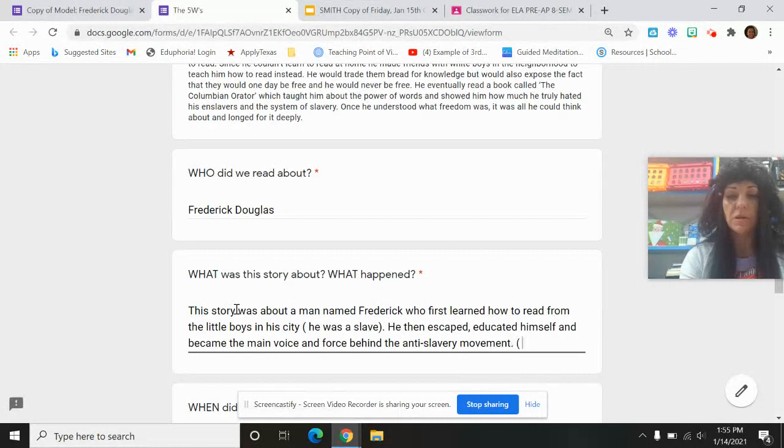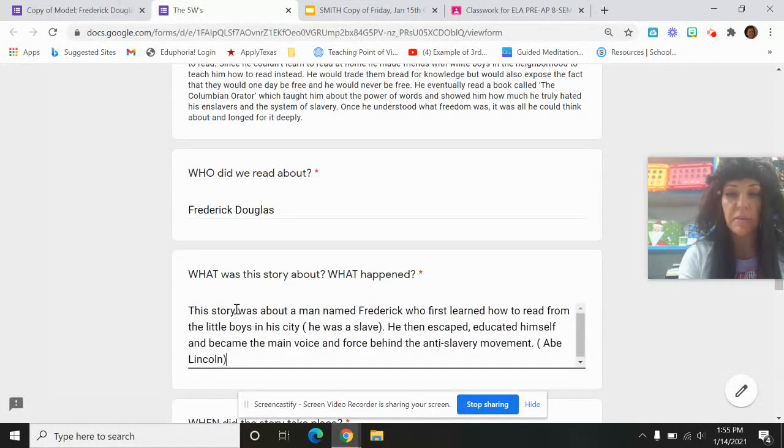And then remember, I'm going to put Abe Lincoln on here just so that you guys have it, because we talked about this so much in class about how he became kind of the right hand of Abraham Lincoln, because Abraham Lincoln, as the president, had the ability to wield the laws to abolish slavery, the 13th, 14th, and 15th Amendments, to not only abolish slavery, but to allow them to vote and to be free persons.